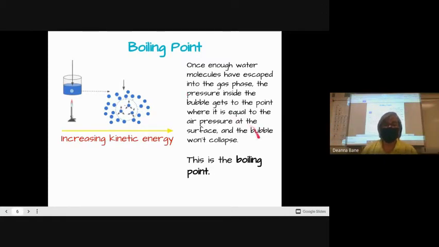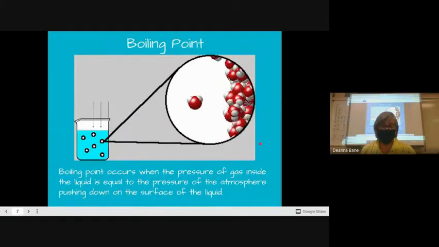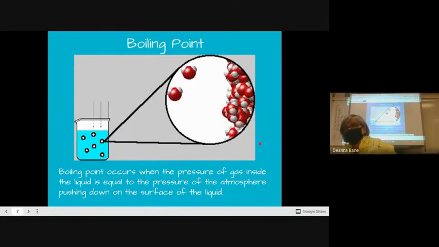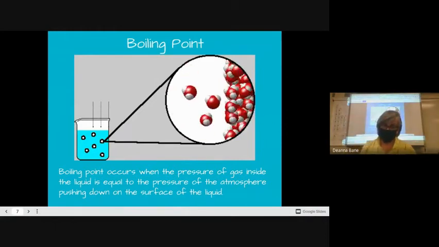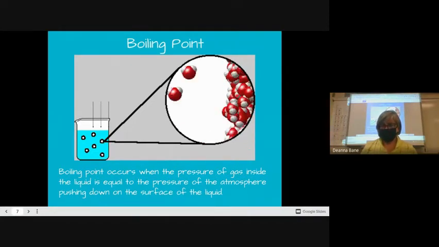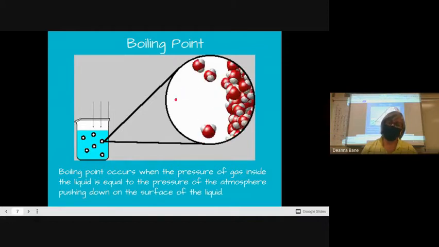So let's take a look at a more formal definition here. This is another diagram of the water molecules. We're just looking at the very edge of this bubble, magnified. So we've got liquid over here, and the molecules at the surface of the bubble are constantly moving into the gas phase.